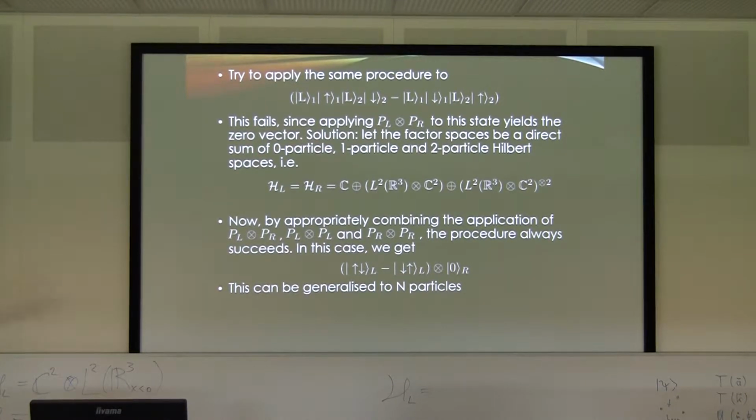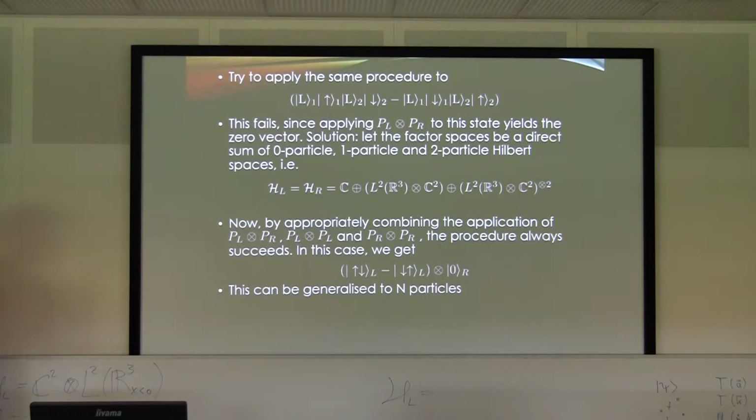So there's a solution for this. Instead of just going to the smaller Hilbert space, we take a direct sum of Hilbert spaces. For both the left and the right Hilbert space, take the direct sum of the zero-electron Hilbert space, which only has the vacuum state, the single-particle, and the two-electron Hilbert space.